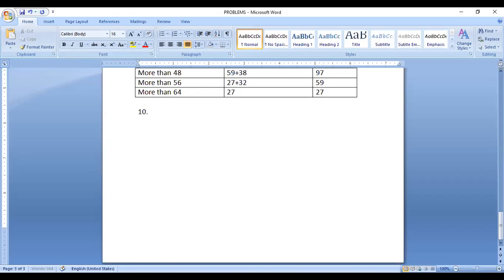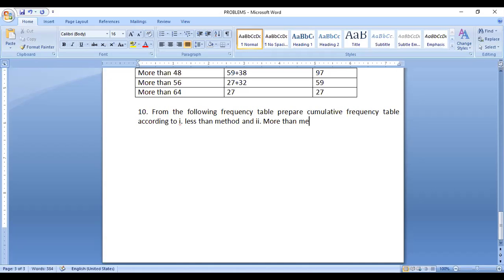We will do another problem, the 10th one. From the following frequency table, prepare the cumulative frequency table according to the less than method and more than method.